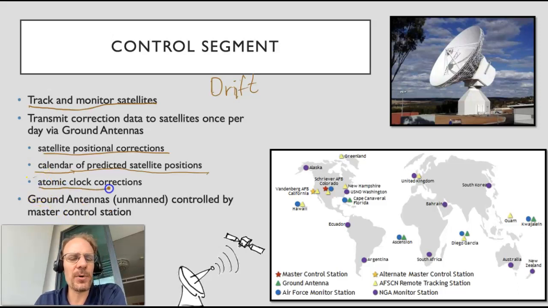If you remember from our previous lecture, we talked about how important time was. In order to calculate your location, we have to know what time the radio signal leaves the satellite and what time it arrives at our smartphone or our GPS receiver. So one of the things that the control segment does is it makes sure the clocks are accurate.